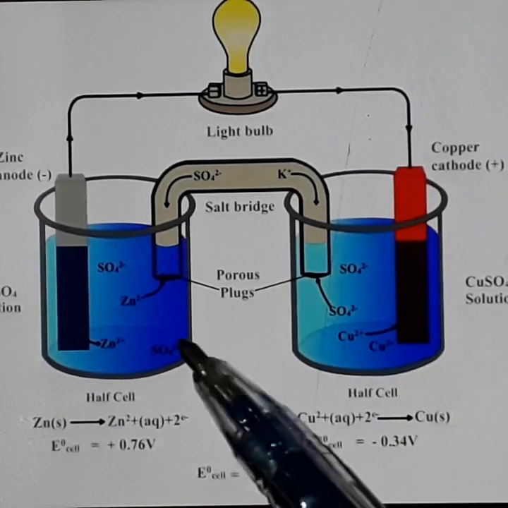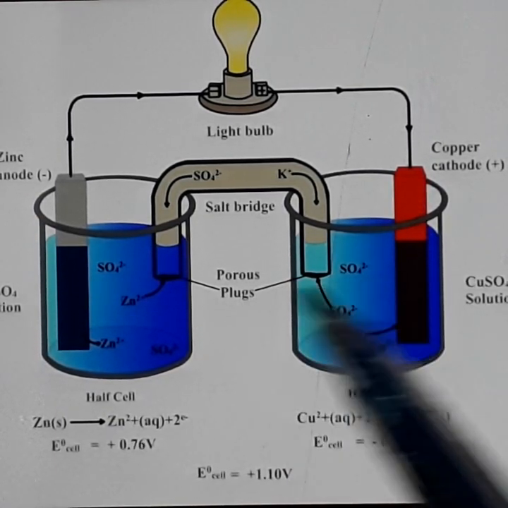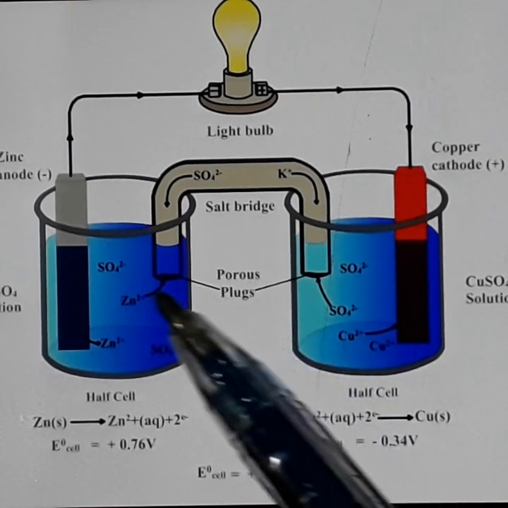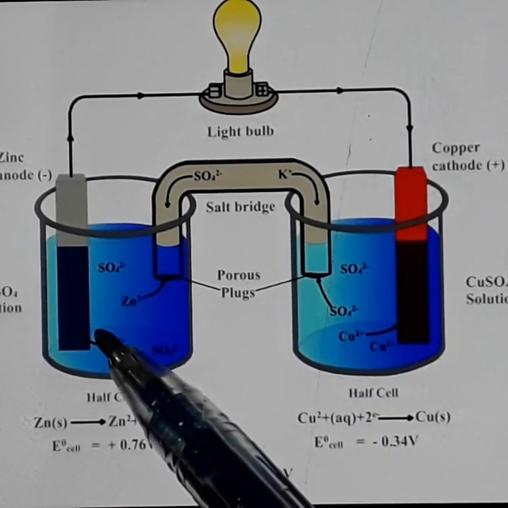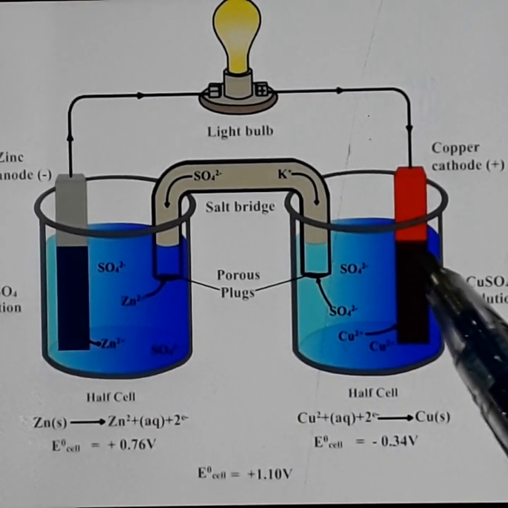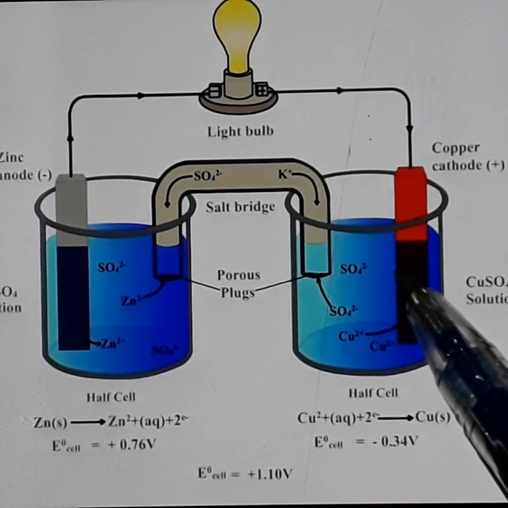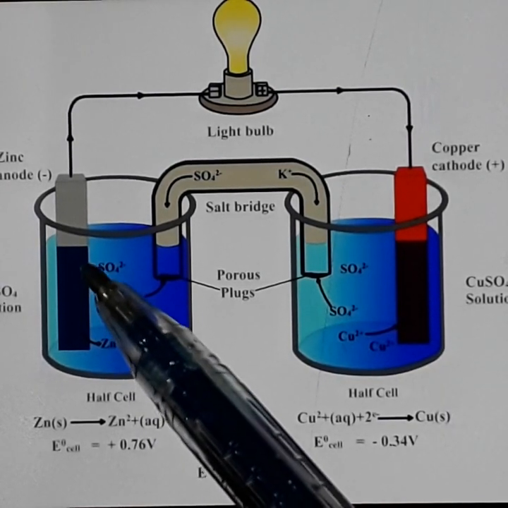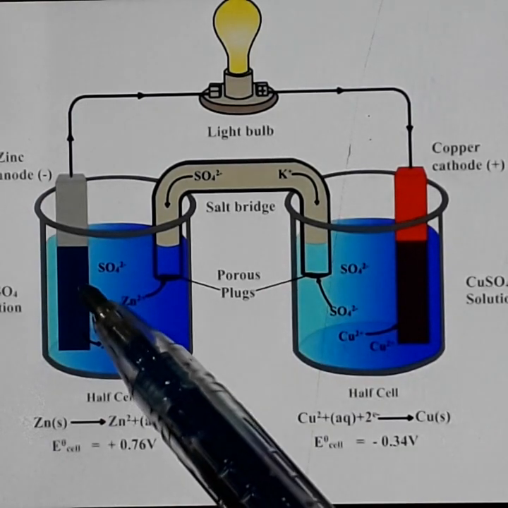When this continues for a longer period of time, what you will observe is that the zinc rod will become thinner and thinner and the copper rod will become thicker and thicker. Why thinner? Because when the two are coupled, it is getting oxidized.